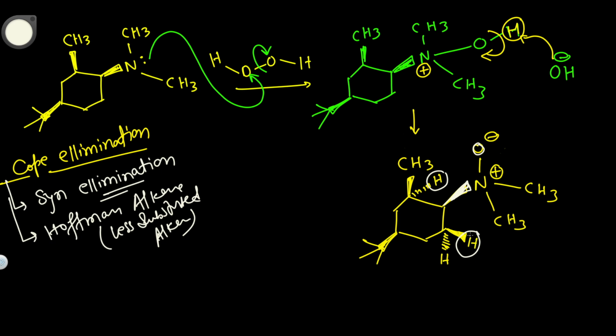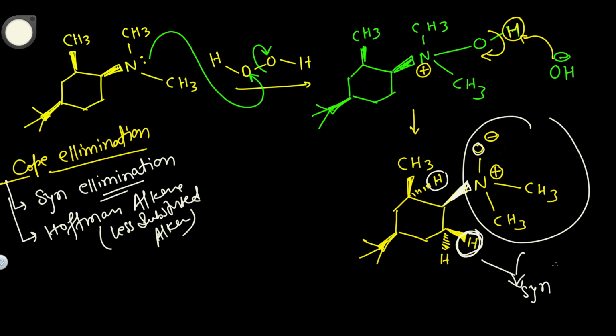So this hydrogen and this whole group both have a syn conformation. Both are on the same side, because this group is above the plane and this hydrogen is also above the plane.